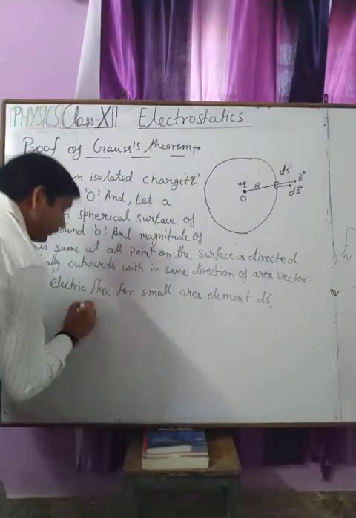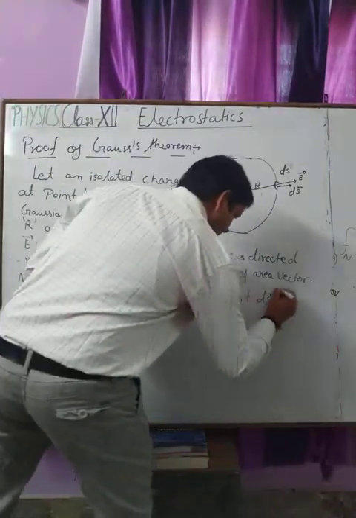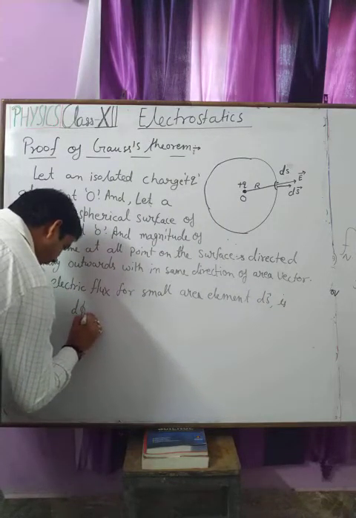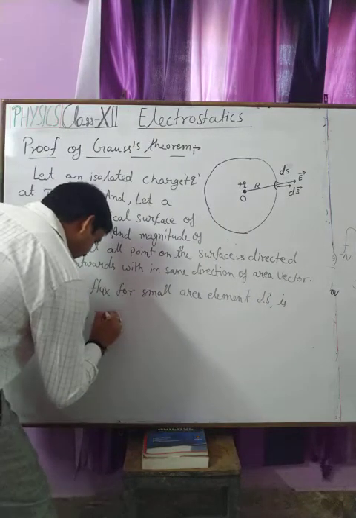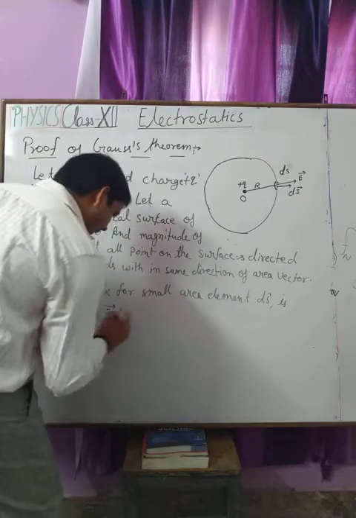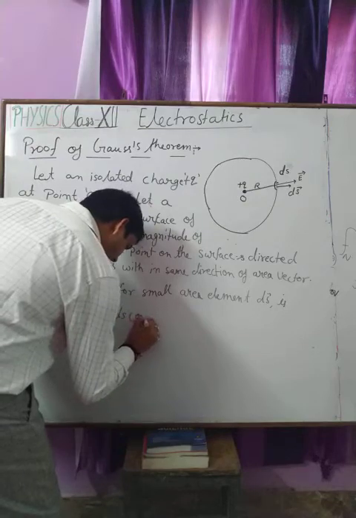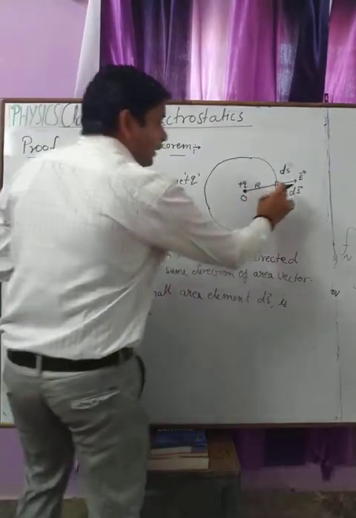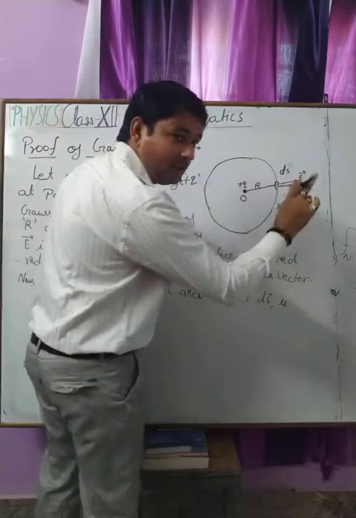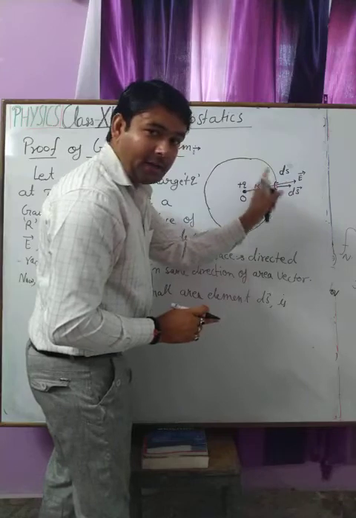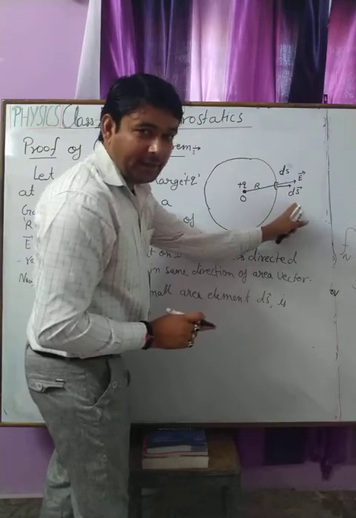The electric flux is dφE equal to vector E dS cos 0 degree. Why are we taking 0 degree? Because both are radially outward on the surface, the electric field as well as the area element.